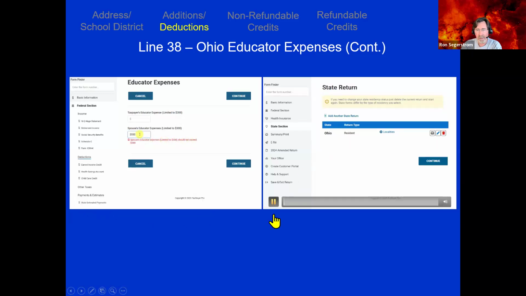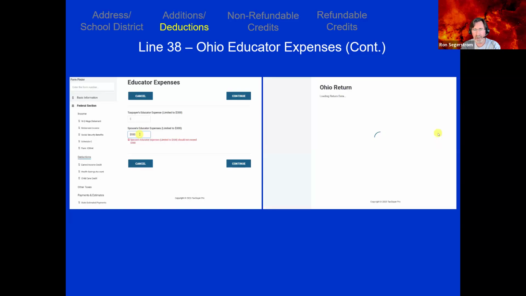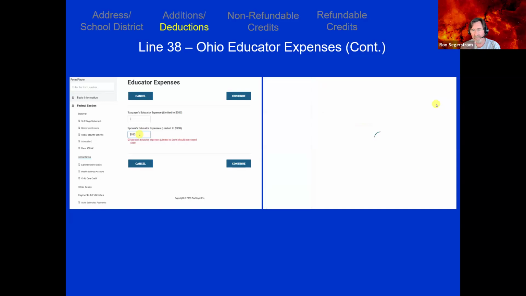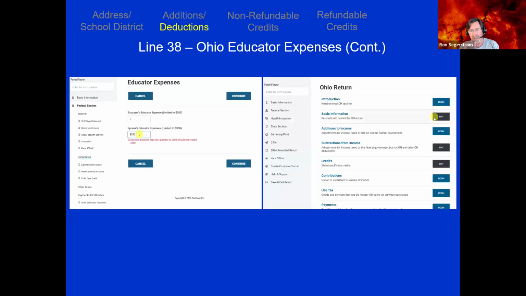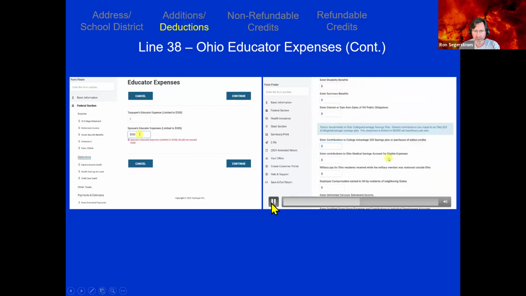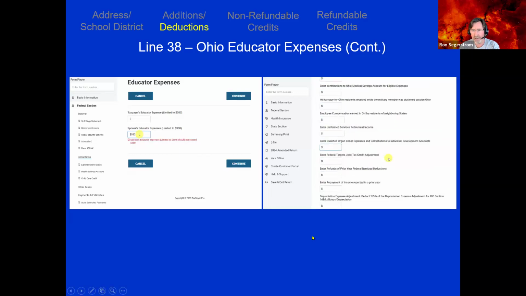from the state portion, you do the editing, you click on it. You've already verified the address to be correct. Get to the main table of contents. We're doing subtraction still. And here's all these subtractions that we're talking about in this section, it's just a whole list of stuff.